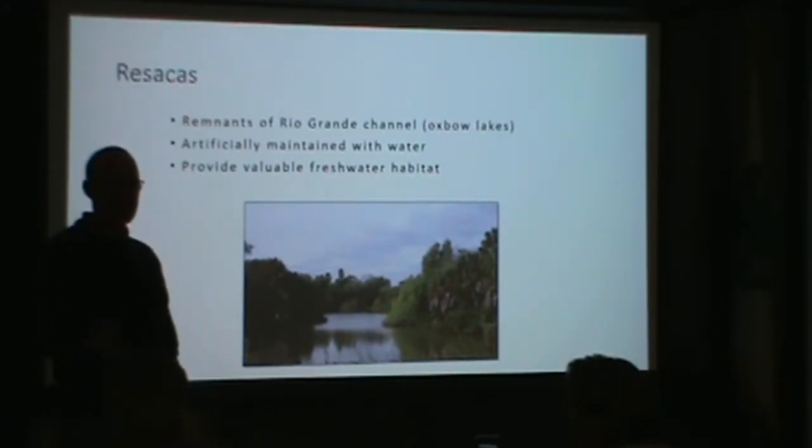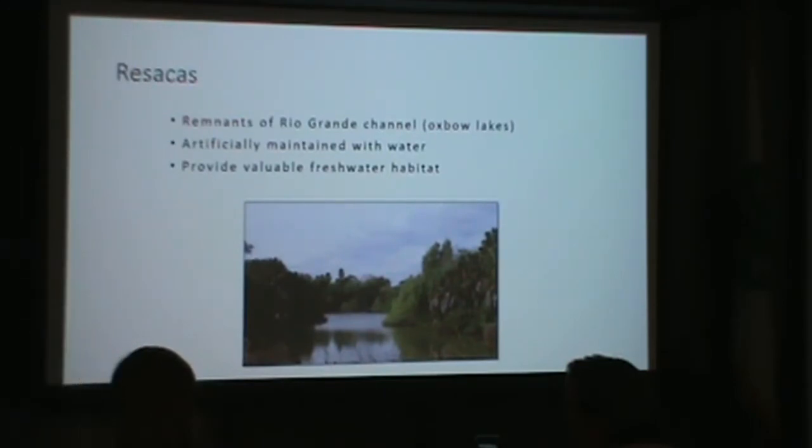Those are novel ecosystems. The resacas did not used to function like that. They used to be ephemeral wetlands. So when the river flooded, they filled with water, and then they ended up drying a few months later, and things like that.